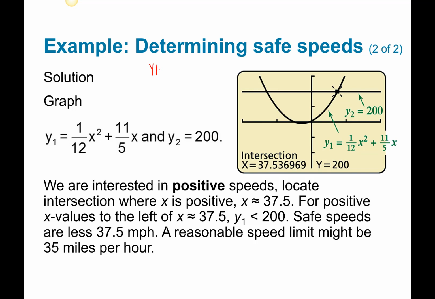You want to graph y1 equals 200. This would be in your calculator. Then you also want to put in this 1/12 x squared plus 11 over 5 x, and it's going to give you a parabola. If you want to know where this parabola is less than the 200, that's going to be this section right in here.